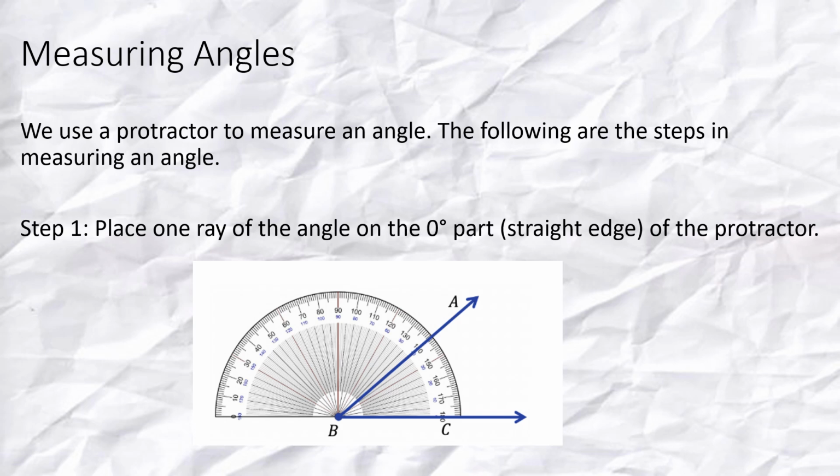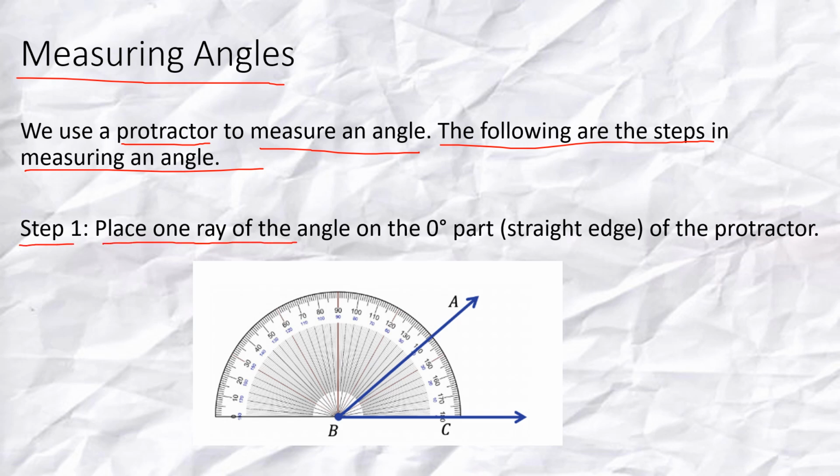So how do we measure angles? We use a protractor to measure an angle. Here are the steps on how to measure an angle. Step 1, place one ray of the angle on the 0 degrees part, which is the straight edge of the protractor. So if this is our vertex B, this is where you will put the 0 degree part.